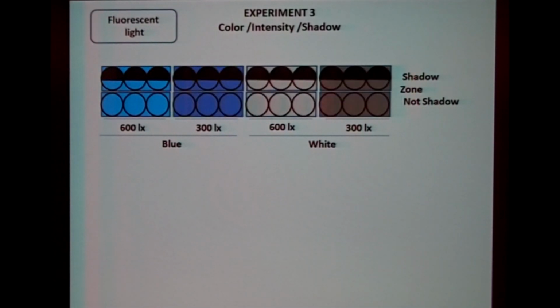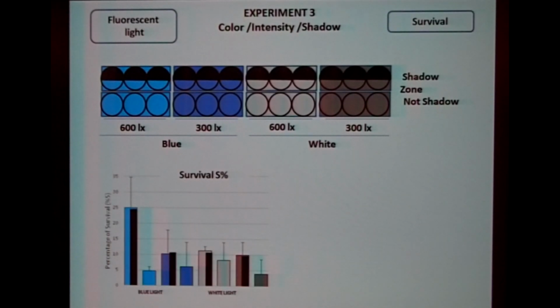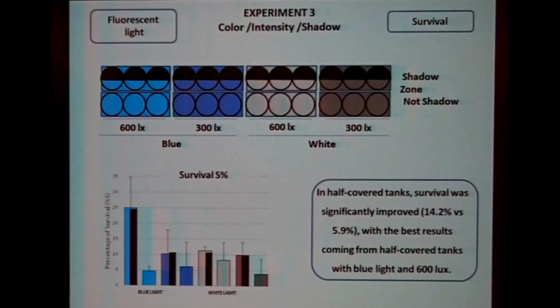Taking this into account, the result about survival was that survival increased in the tanks using a shaded zone. In fact, we found a significant effect of the shaded zone in the half-covered tanks with respect to normal tanks.